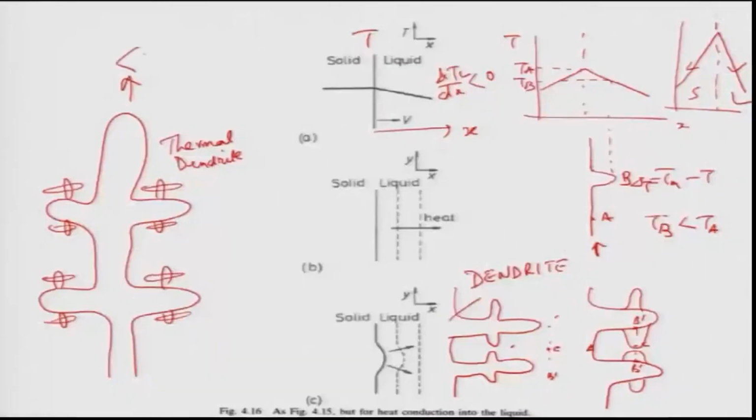Remember, these dendrites grow along certain crystallographic directions, they do not grow in any odd directions. Normally for the cubic crystal these crystallographic directions are <100>. There are many reasons for that, and we will not discuss in detail why they grow along <100> directions, but it has been found that dendrites grow along crystallographically low index directions.